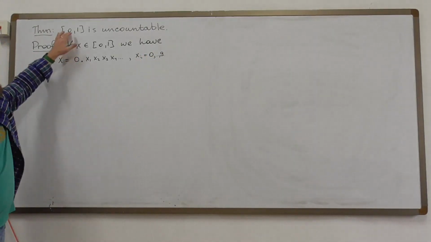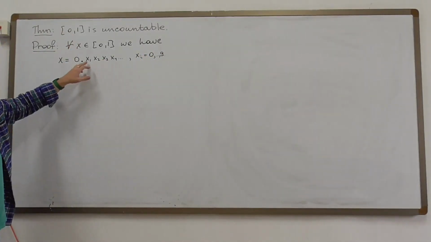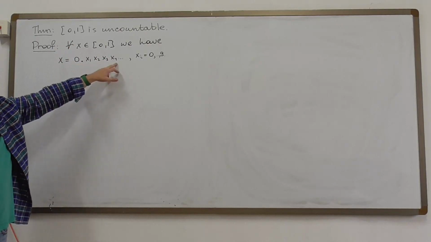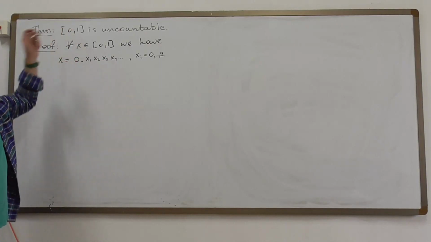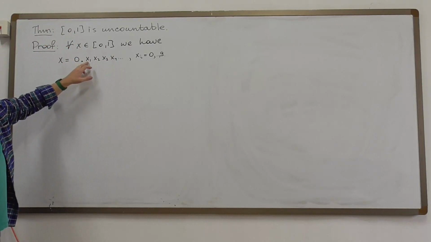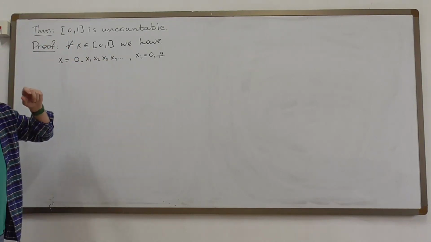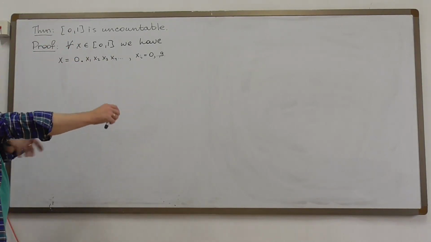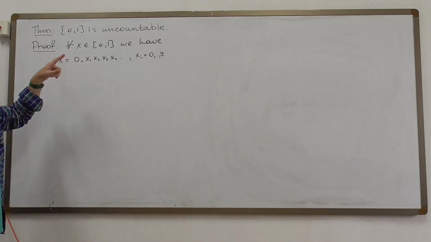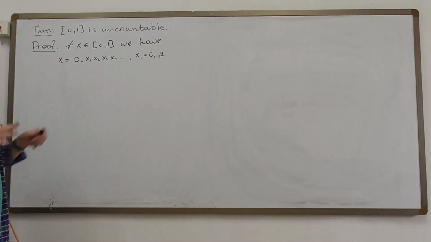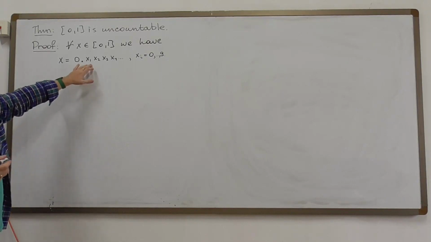It is clear that 0 can be written in this form, when all xi's are zeros, and 1 also can be written in this form when all xi's are 9s. But we should be careful because there are some numbers from this interval which have exactly 2 representations of this form.